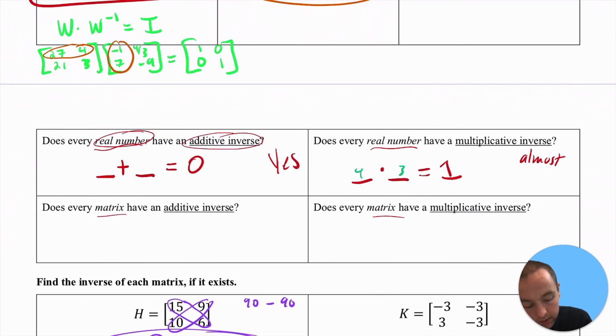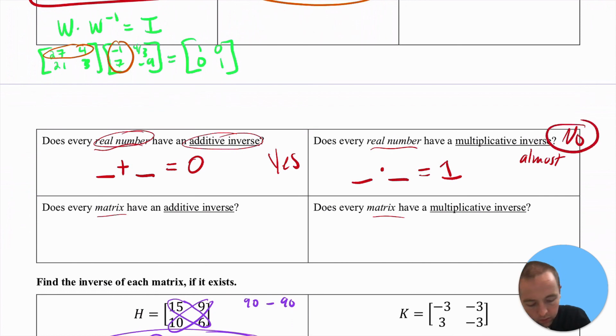The only time it doesn't work out is when you have a 0. Because if you reciprocate a 0, you're going to have whatever number there and then a 0 on the bottom, but that doesn't exist. So the only number that doesn't have a multiplicative inverse is just the number 0. So to answer definitively, does every real number have a multiplicative inverse? No.